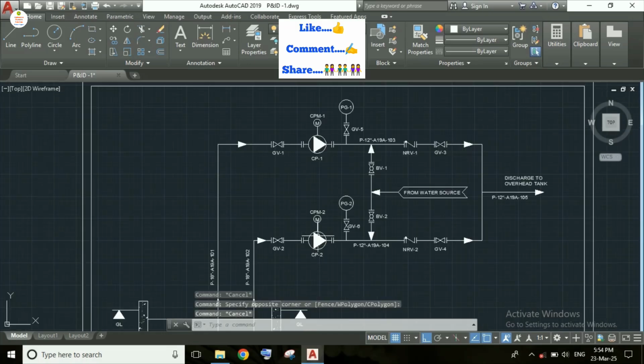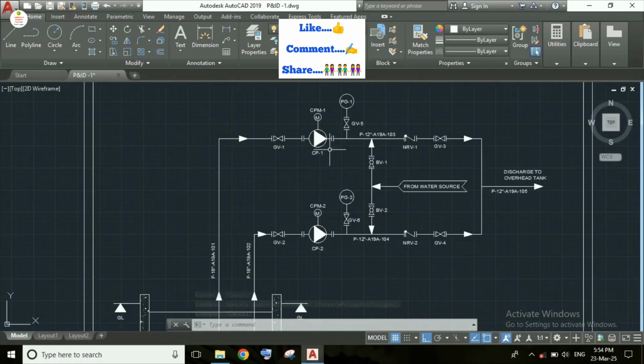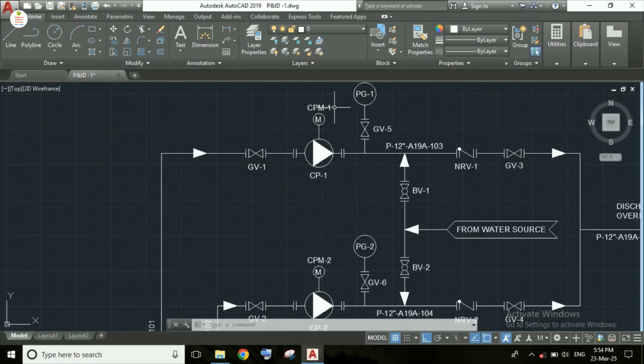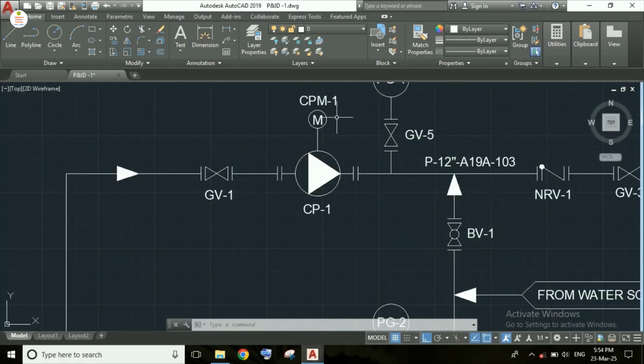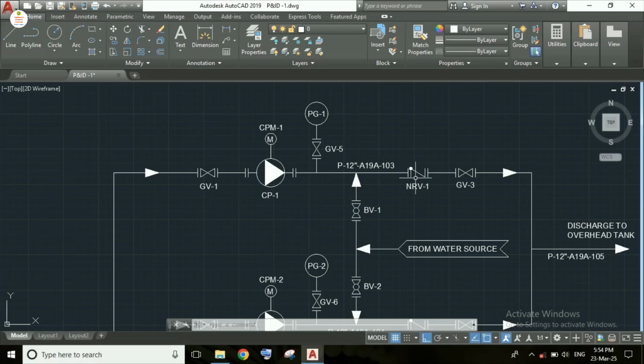We have used one working and one standby pump, that is CP1 and CP2. This centrifugal pump is driven by the centrifugal pump motor which we have shown here. After that, further is the discharge line, as you can see here, 103.